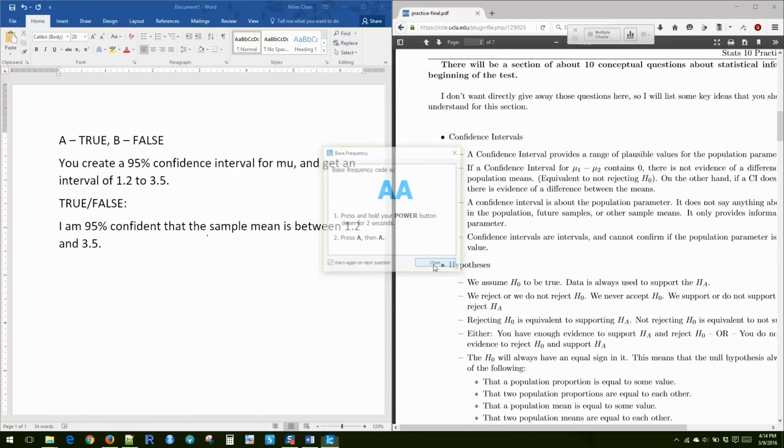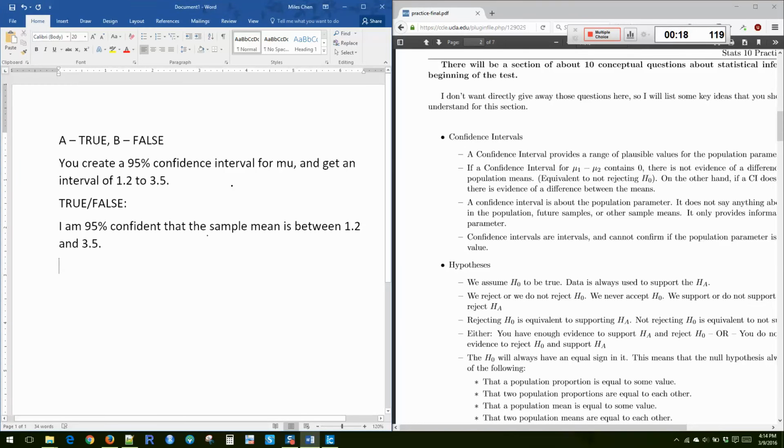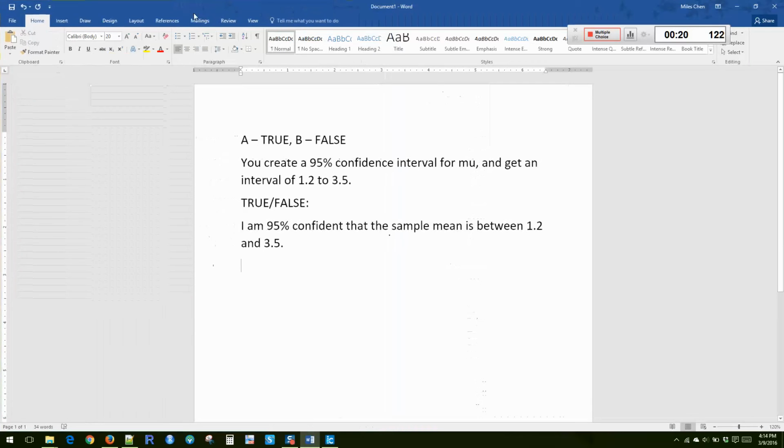Hang on. All right, is that running? Okay, it's running. A is true, B is false. Shoot.